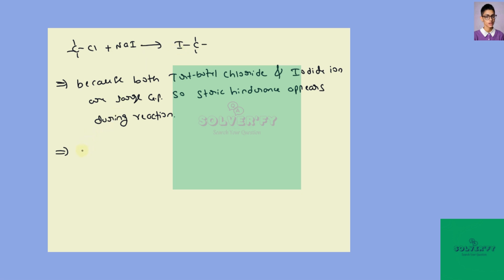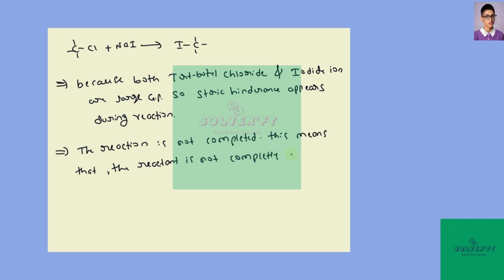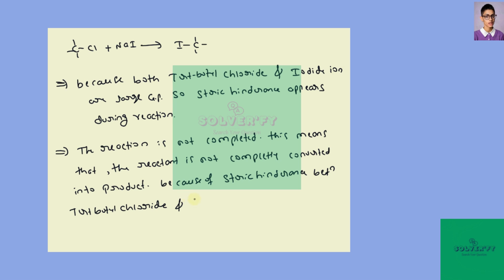So here the right answer is, the reaction is not completed. This means that the reactant is not completely converted into product, because of steric hindrance between tertiary butyl chloride and the incoming nucleophile, that is iodide ion.